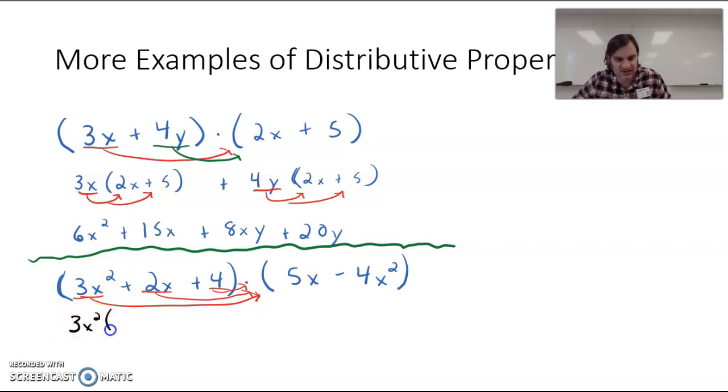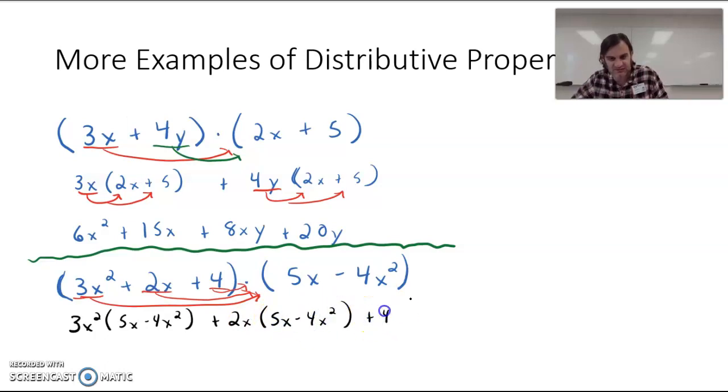But we'll have 3x squared times the 5x minus 4x squared, and it'll be plus 2x times the 5x minus 4x squared, and the 4 from the first expression times the 5x minus 4x squared.